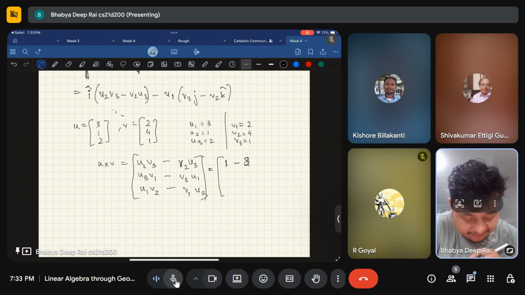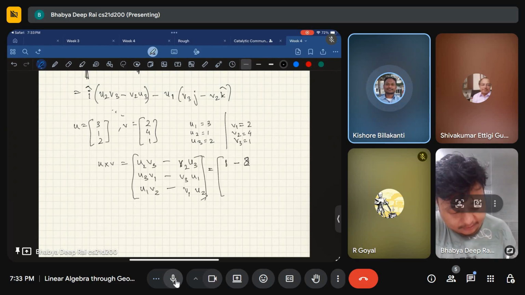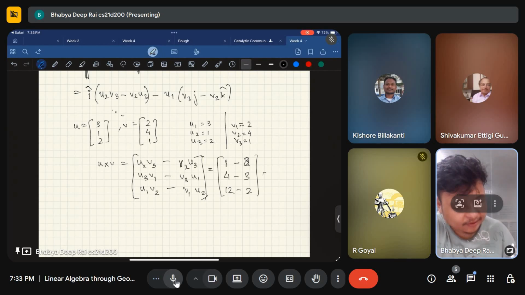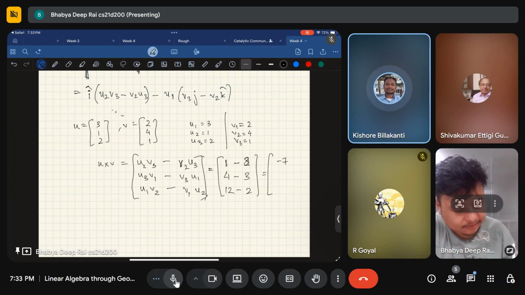Oh, you mean you are saying from the bottom? Yeah. Let me rearrange it and tell you. v3 u1 is 3, u1 v2 is 12, and v1 u2 is 2. Yeah, it's the same. Minus 7 minus 1, 10. Minus 1. Okay, I got 1.